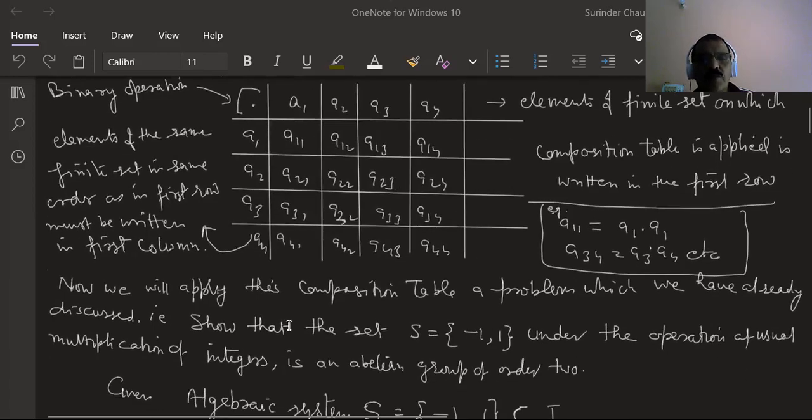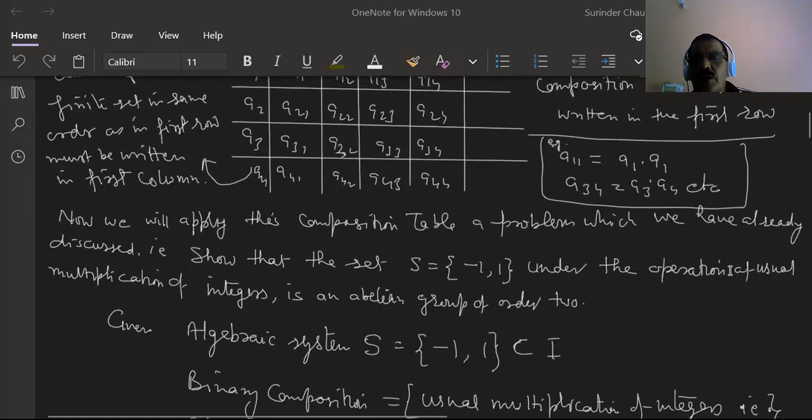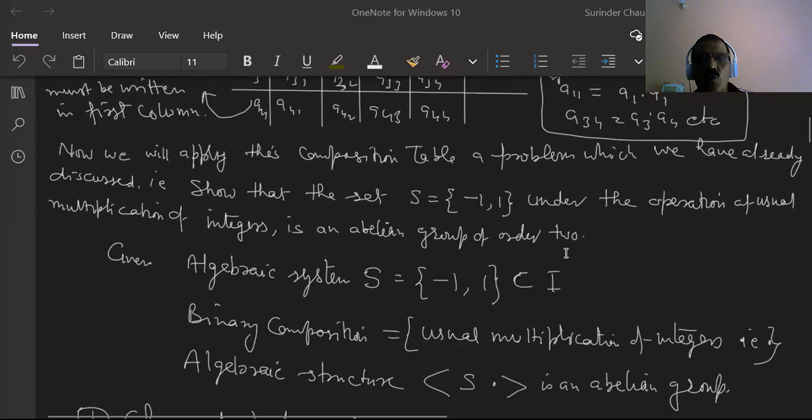Now we will apply this to the problem which we have already discussed: show that the set S consisting of -1 and 1 under the usual multiplication of integers is an abelian group of order 2.